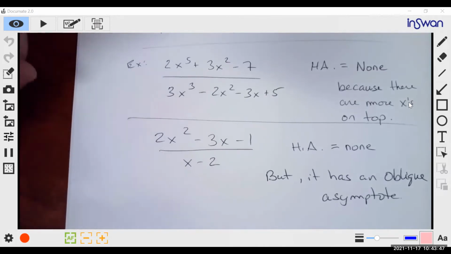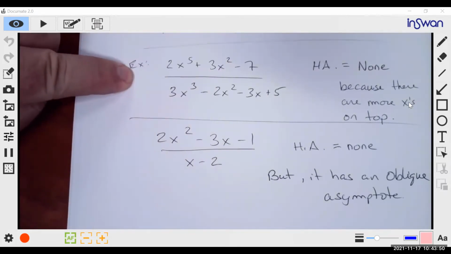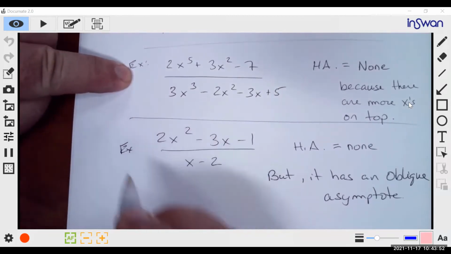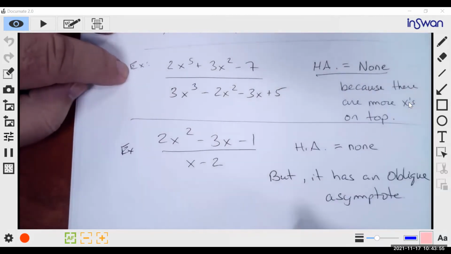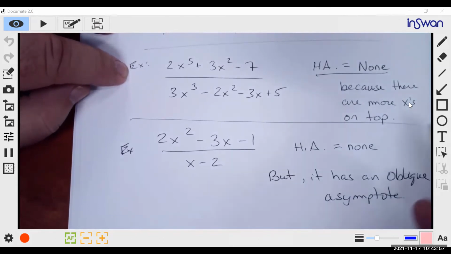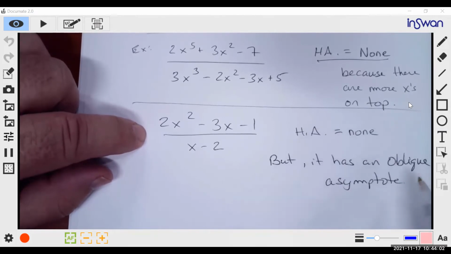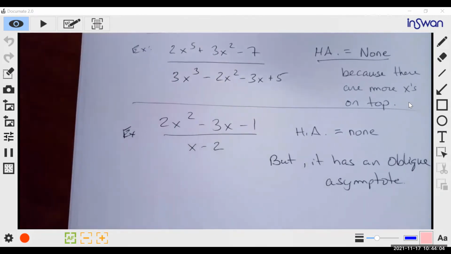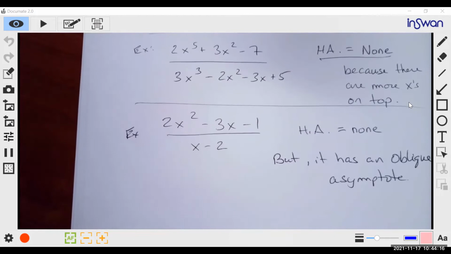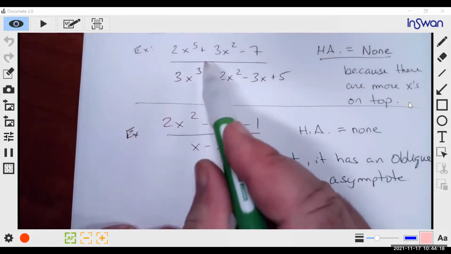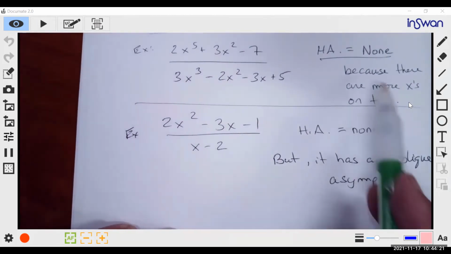Let's look at this. The last one we did before that had no horizontal asymptote and no oblique. The last one we just did had no horizontal, but it had an oblique. What's the difference between the two functions? Between the last two, why does this one have an oblique and the other one doesn't?